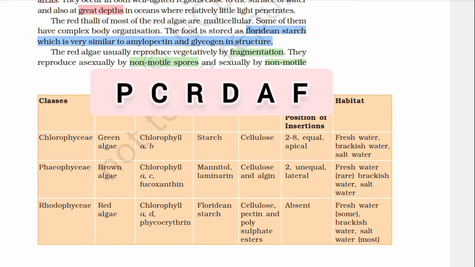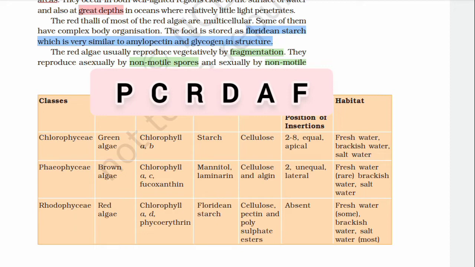So now we will differentiate. Okay. First, the pigment present in red algae is phycoerythrin. From P it is phycoerythrin. So in brown algae it is fucoxanthin. Next, the hydrocolloid present in red algae is carrageenan. The hydrocolloid present in brown algae is algin. So R stands for red algae.